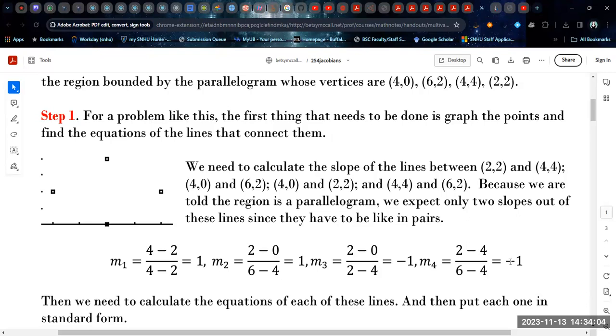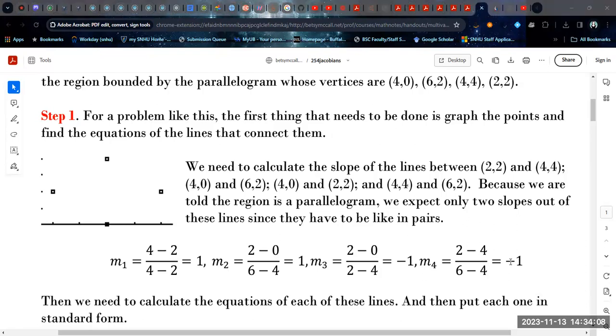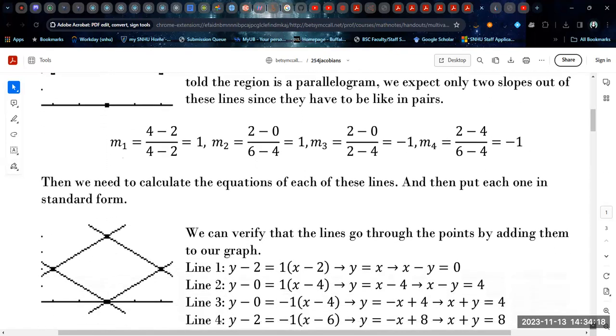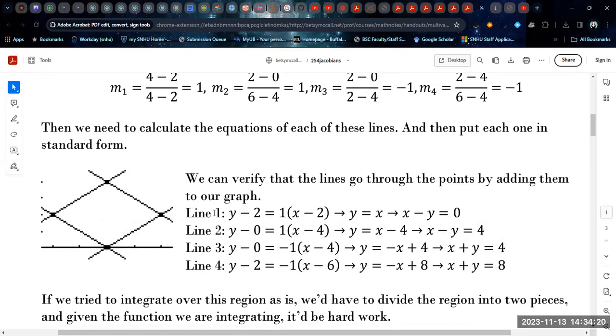And then we need to calculate the equations of the lines that go through these points with these slopes. So again, for each of the slopes, we need one point that we use to generate the line. So for line 1, when we plug in the point 2, 2, we end up with x minus y equals 0.